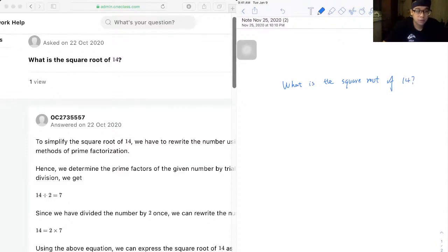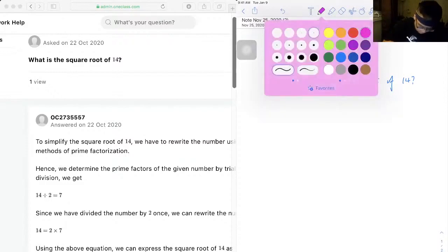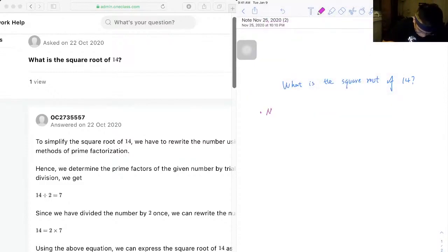So, in order to simplify the square root of 14, we have to rewrite the number using the method of prime factorization. Right, so hence we determine the prime factors of the given number by trivial division. So let's write it down here.